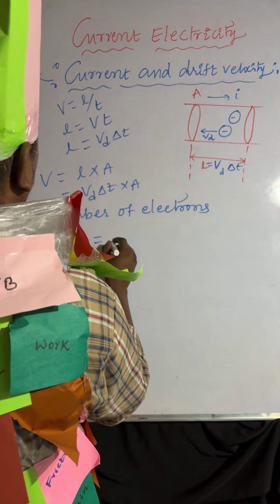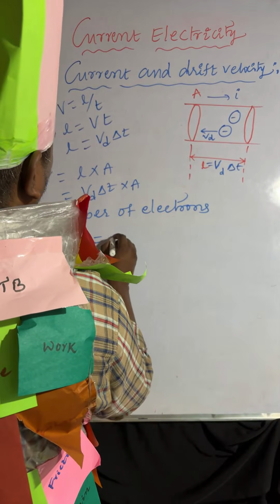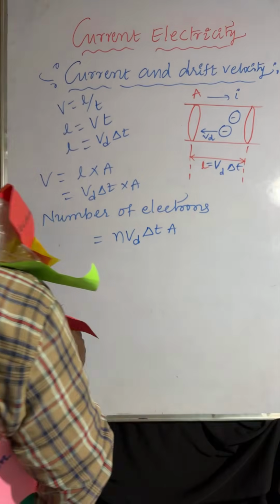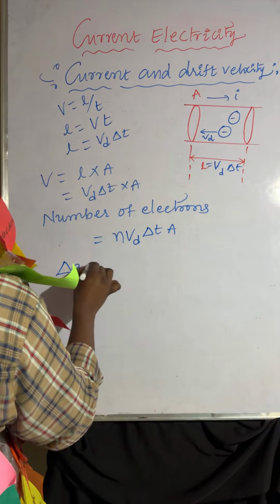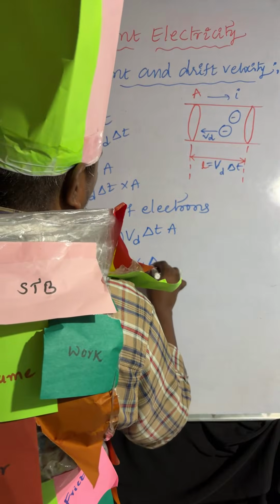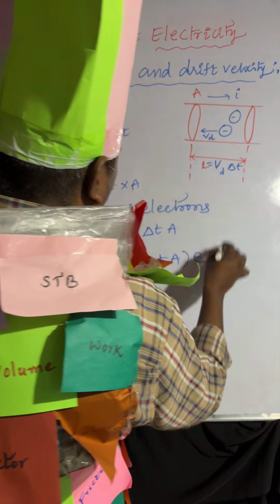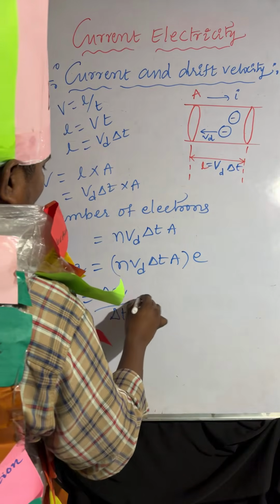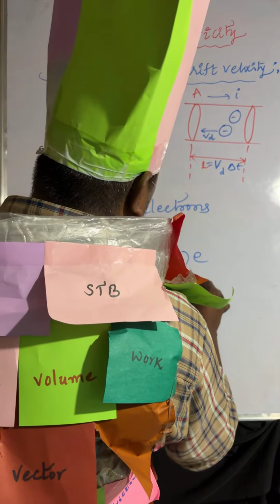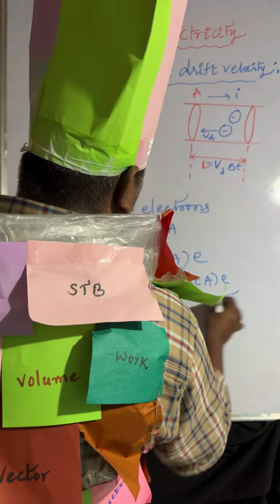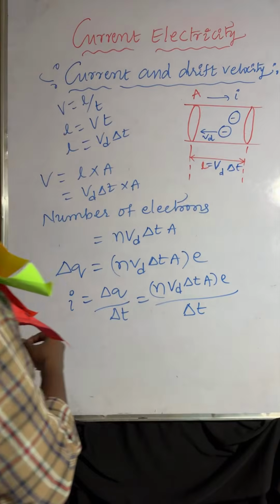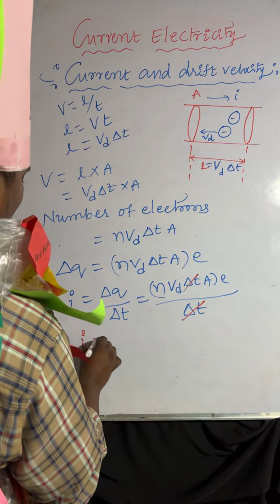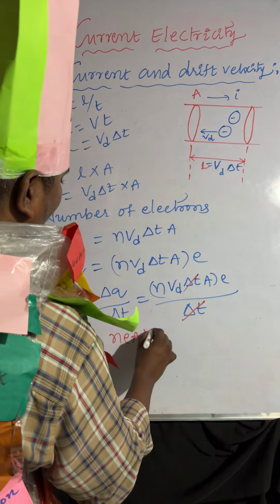That is N into Vd into delta t into A. Now delta Q equals N Vd delta t into A into E. Now current I equals delta Q by delta t, that is N Vd delta t into A into E by delta t. We can cancel delta t, so I equals N E A Vd.